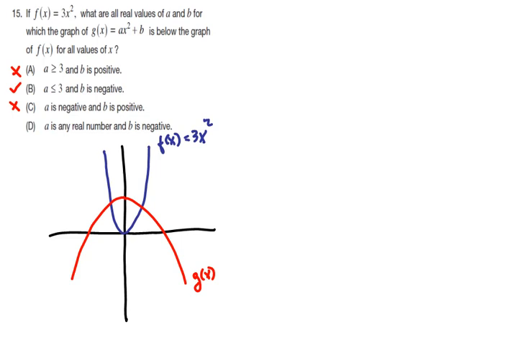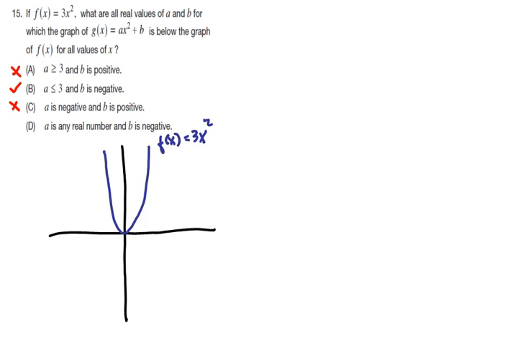The next possibility. a is any real number and b is negative. Well, that would only be true if a were less than or equal to 3 and b were negative.